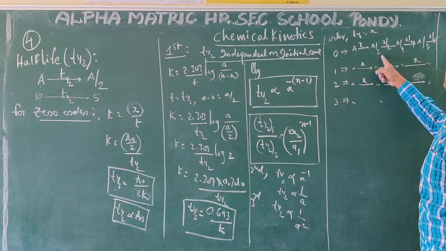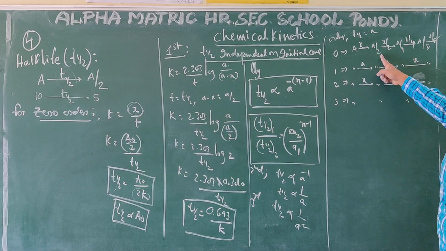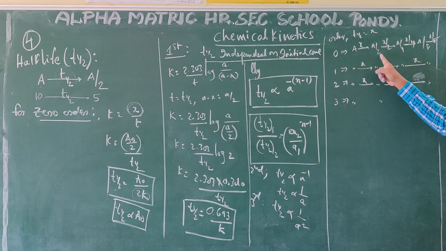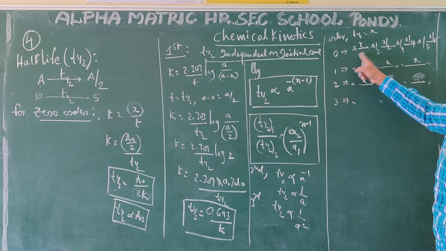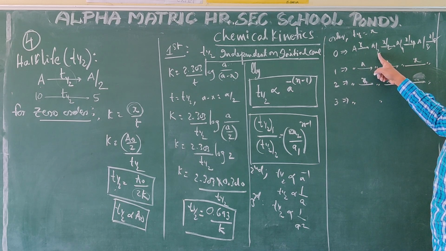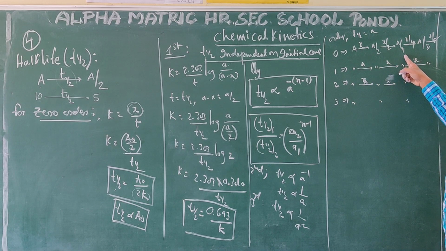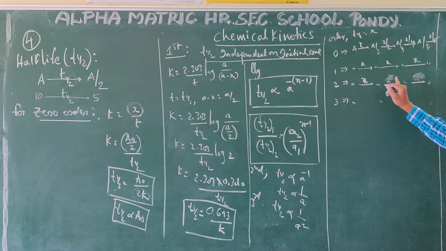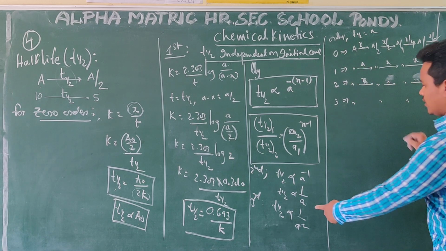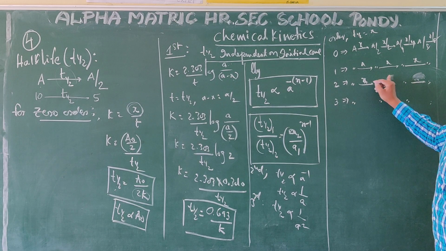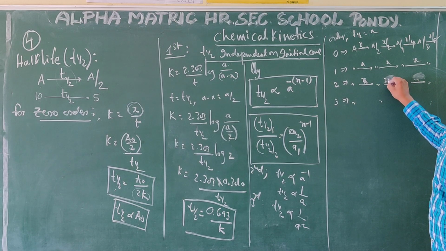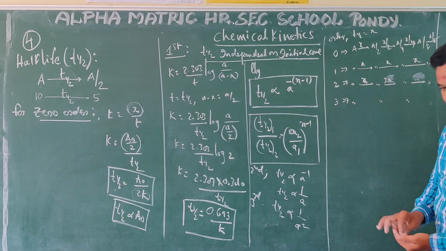See, A to A by 2, A by 2 to A by 4. Here, it is a 2 times decrease. For example, A to A by 2, you consider x. A by 2 to A by 4, here, what is right? 2 times, no. It will become 2x.